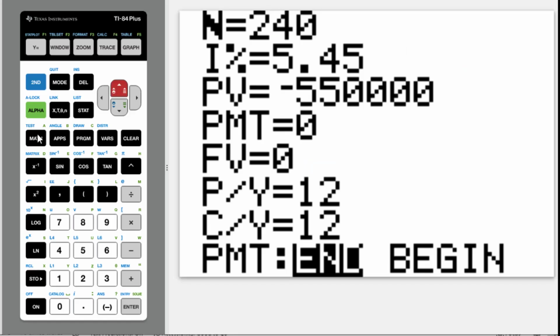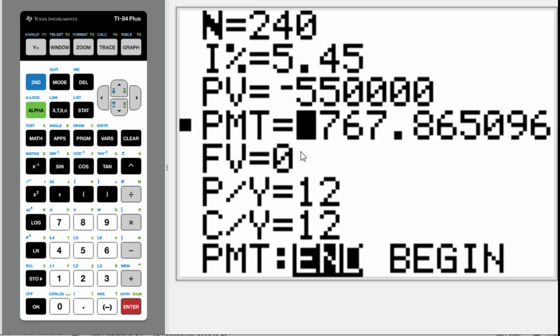So go to this PMT, alpha, enter. He will receive $3,767.86. Remember, round down this payment. Whenever you receive monthly money from a bank, you need to round down the payment.